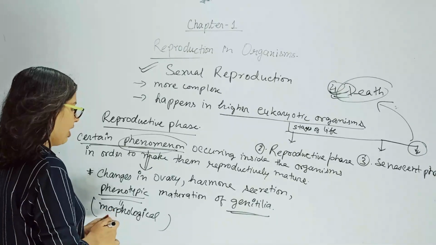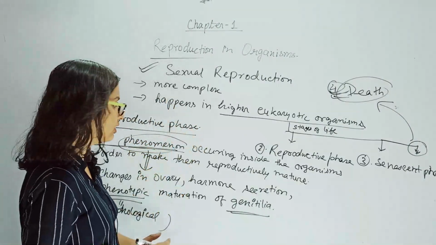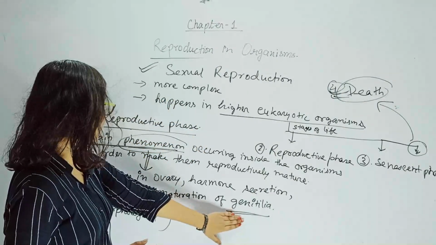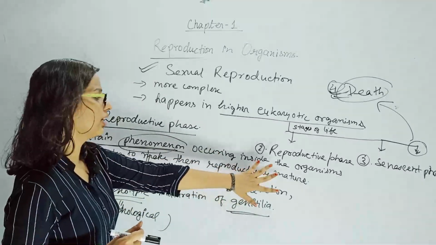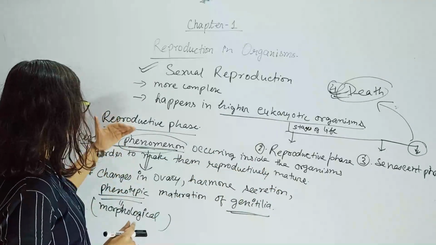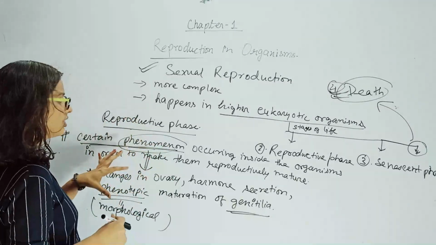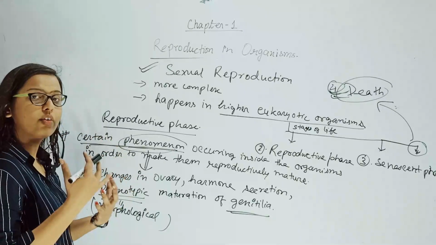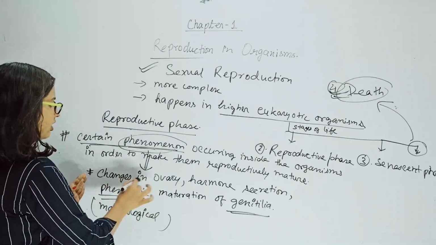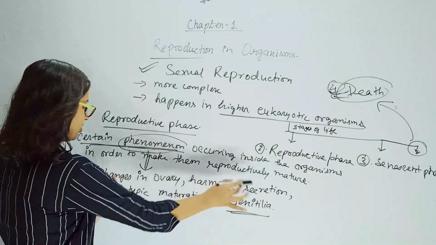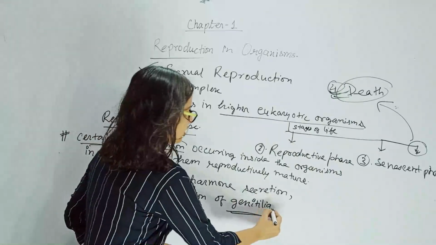For example, if I take human beings as the highest eukaryotic organism, the genitalia in human beings will mature in order to attain reproductive maturity. So the reproductive phase consists of maturation. Changes in the ovary happen, hormone secretion happens, then phenotypic maturation of genitalia happens, etc.